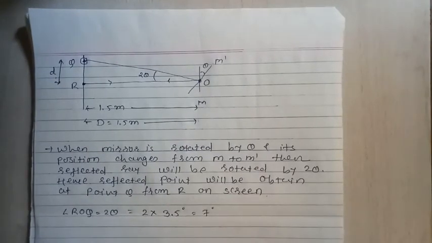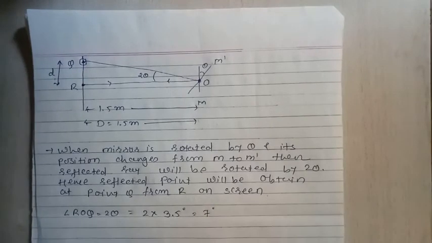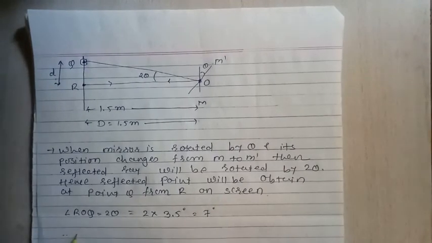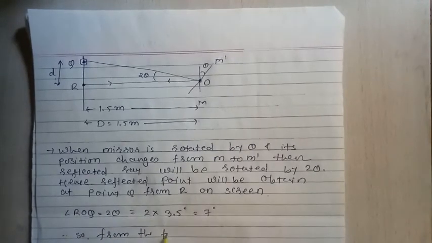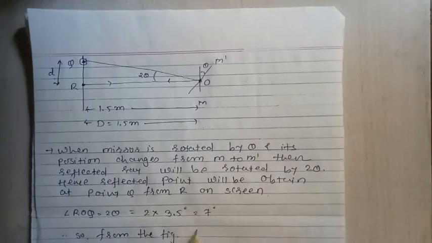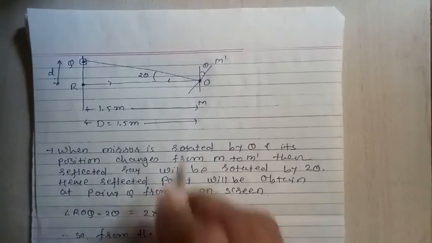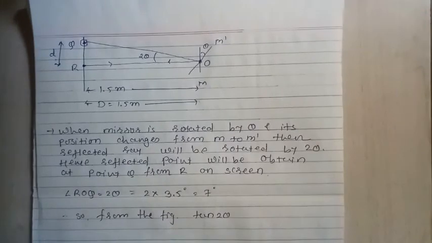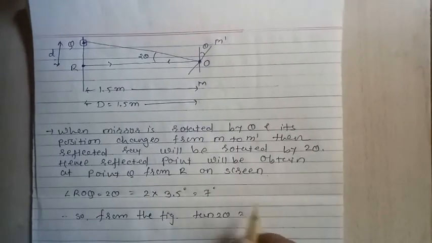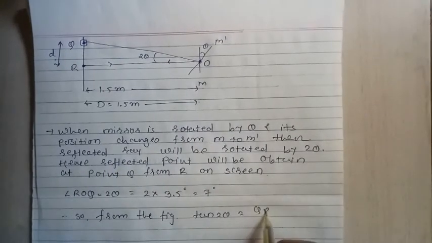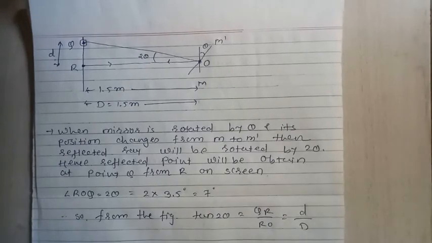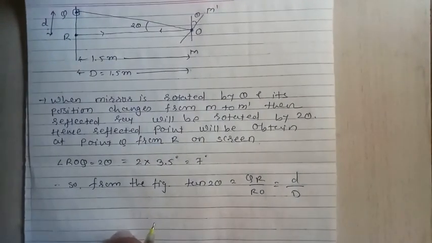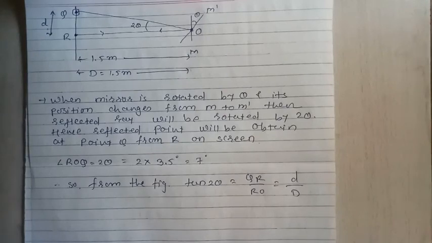We know the formula, tan theta. From the figure, instead of theta we write tan 2 theta is equal to QR upon RO, or we can say QR is small d and RO is capital D. We have to find out small d.